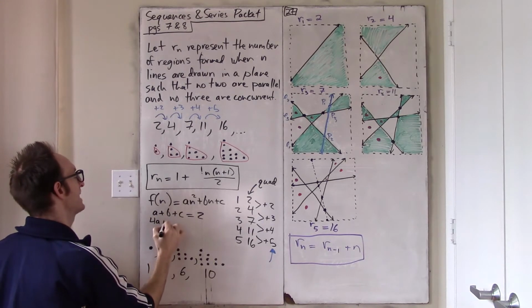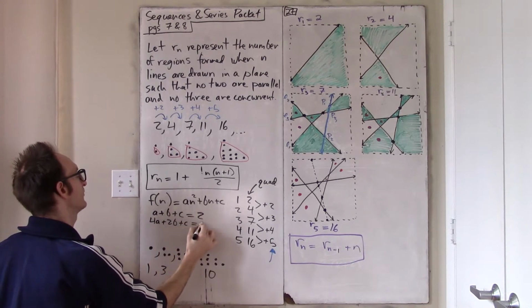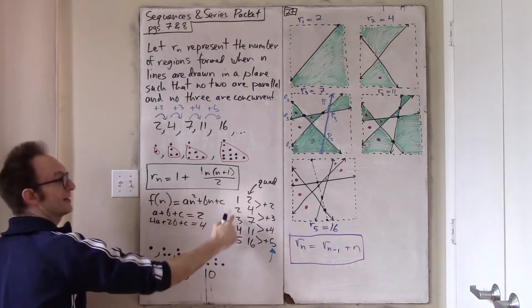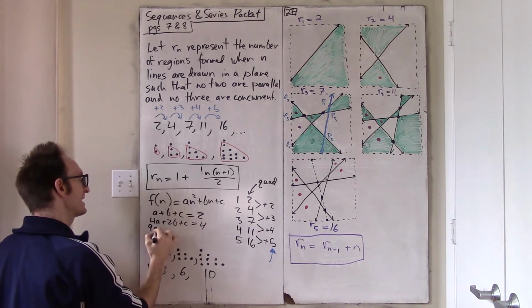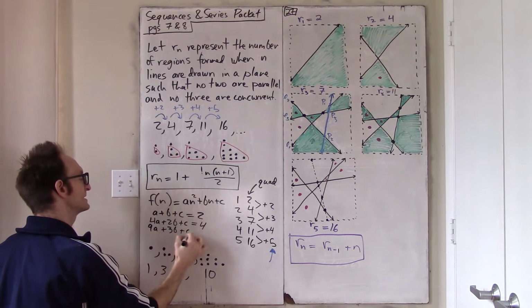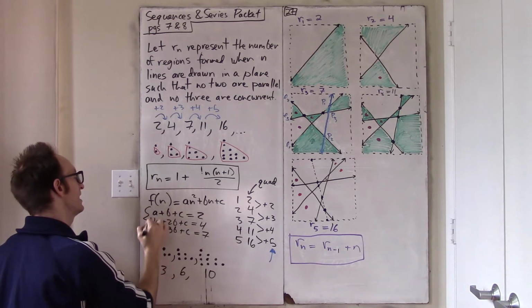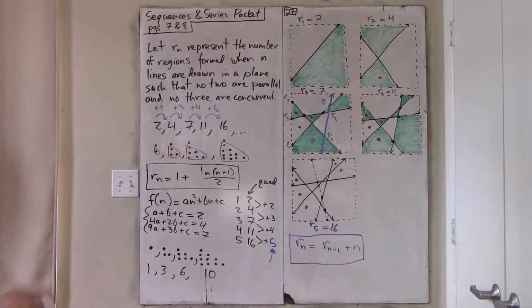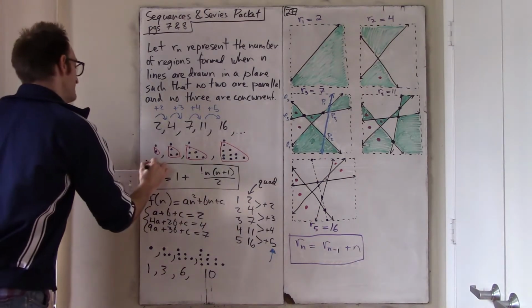So 4A plus 2B plus C is 4. And when I plug in 3, I get 7. So 9A plus 3B plus C equals 7. Okay, and therefore, once you know it's a quadratic and you have some data, you can solve the system of equations to find out what A, B, and C are, and you will actually get this.